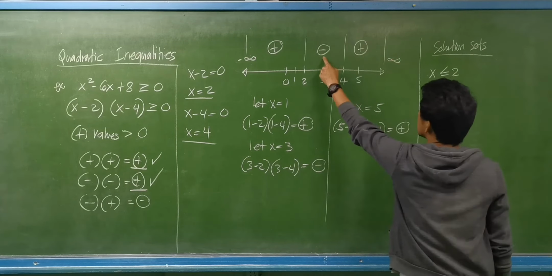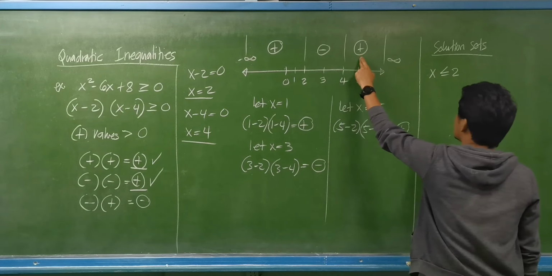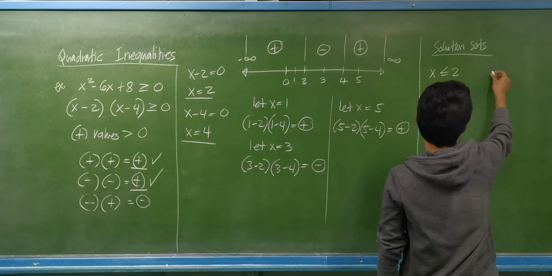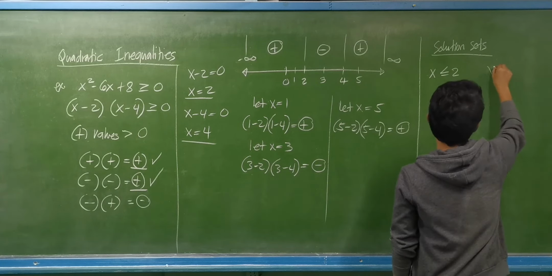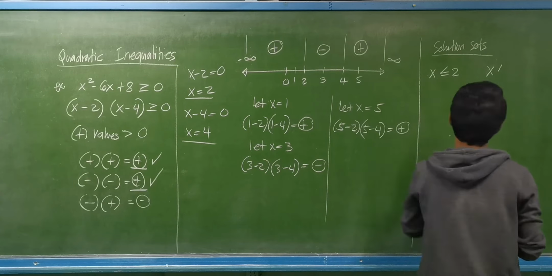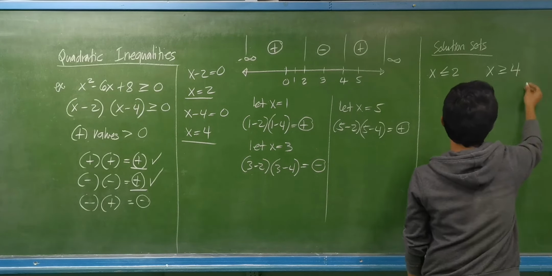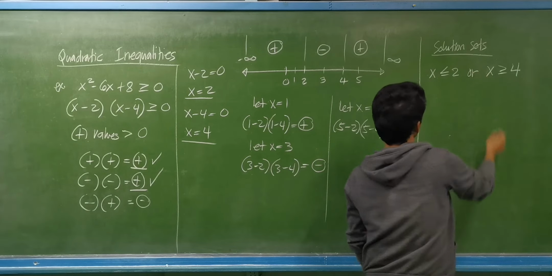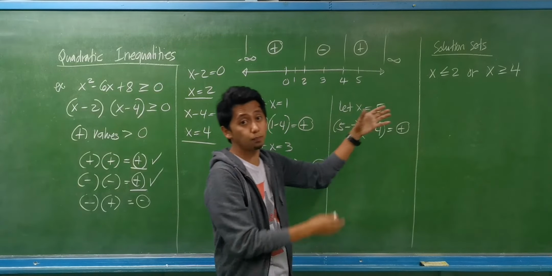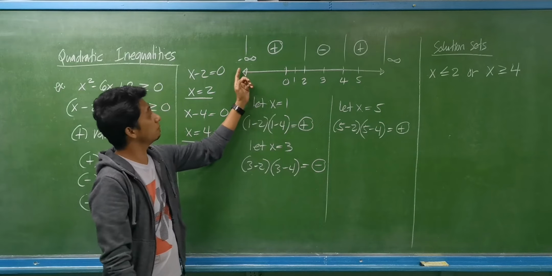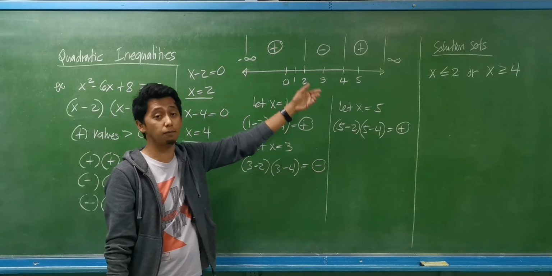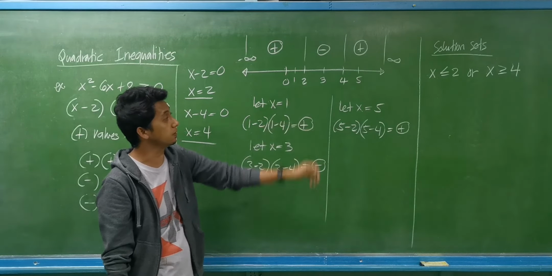Take note, we are using the equal sign. Then we ignore the negative portion, and we are considering from 4 to positive infinity. So that is x is greater than or equal to positive 4. We are using OR since that is the union of two sets. From negative infinity to 2 or from 4 to positive infinity.